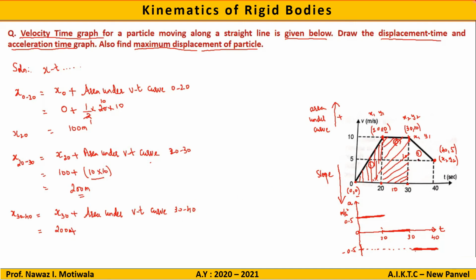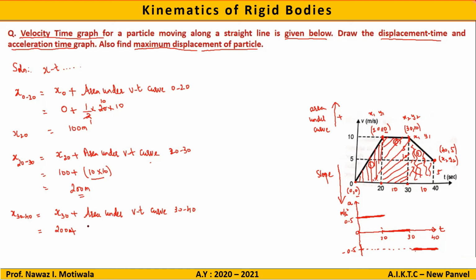That means this particular area, this entire area. So what is this area? This area is nothing but area of this triangle plus area of this rectangle. So area of rectangle will be here 10 multiplied by 5, and the height of the triangle is also 5.